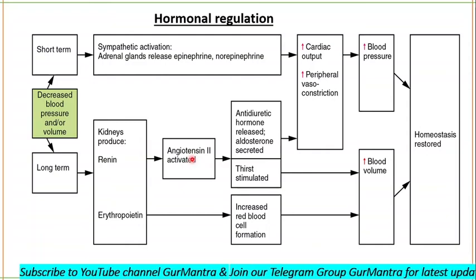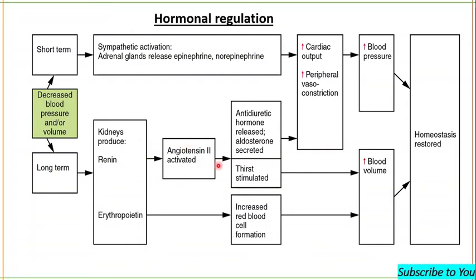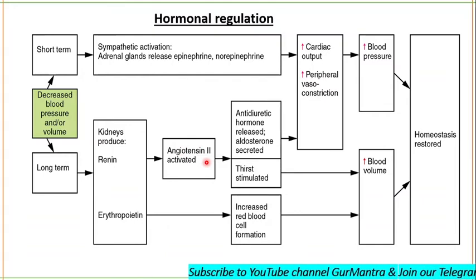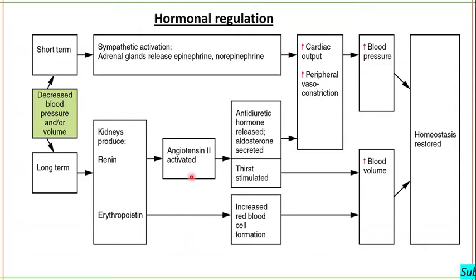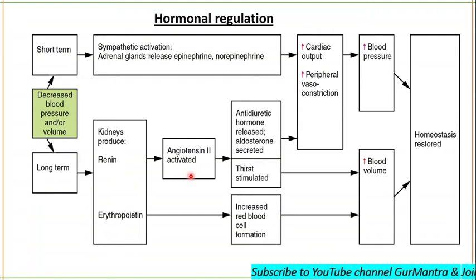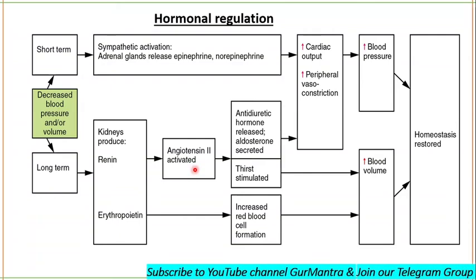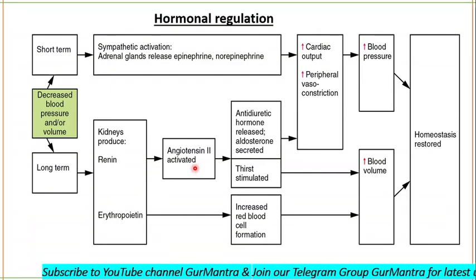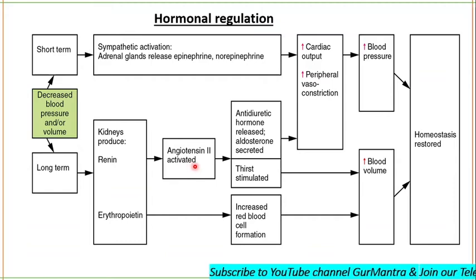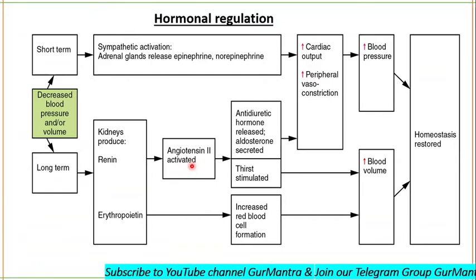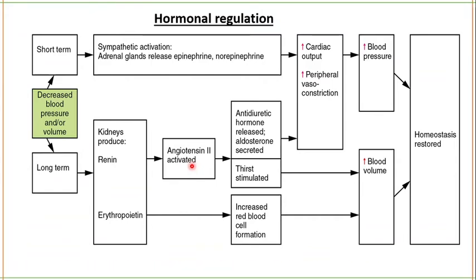It also stimulates the adrenal cortex to release aldosterone, the hormone which acts on the principal cells, and I'll tell you about principal cells also. It will help the principal cells in the collecting duct to reabsorb more sodium and secrete more potassium. Okay, I think you heard my words very clearly.